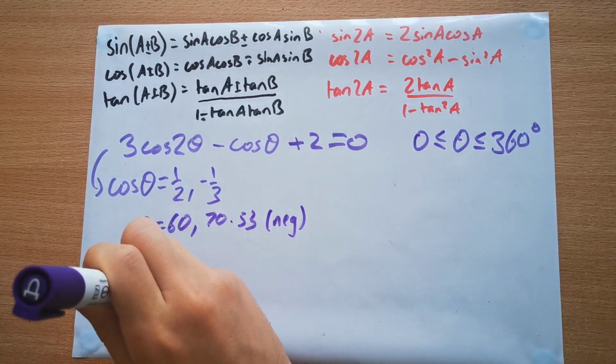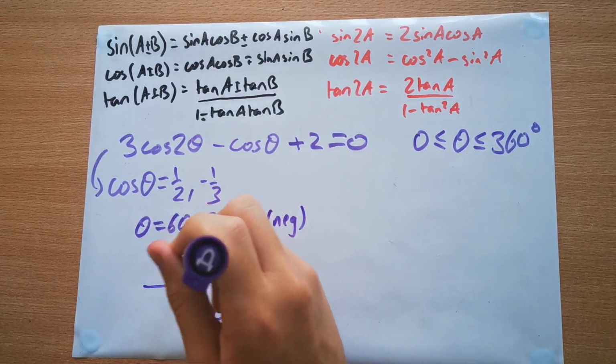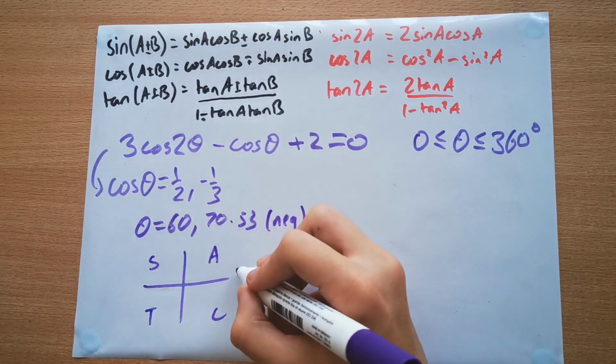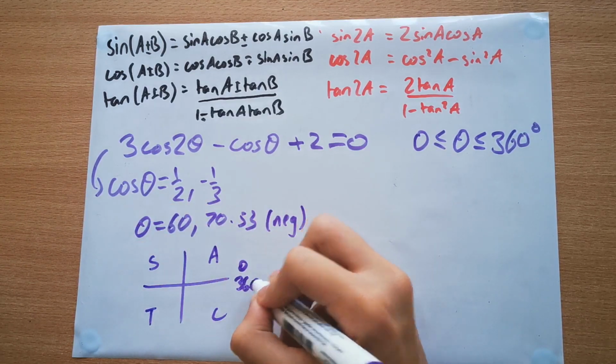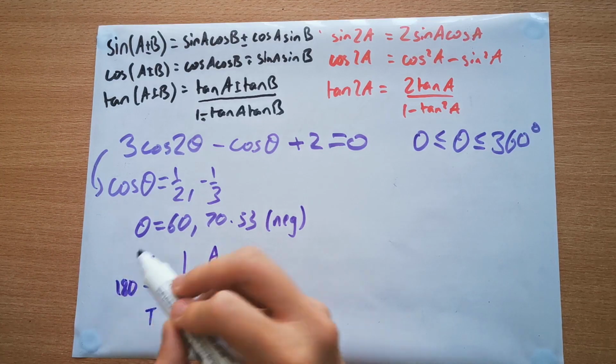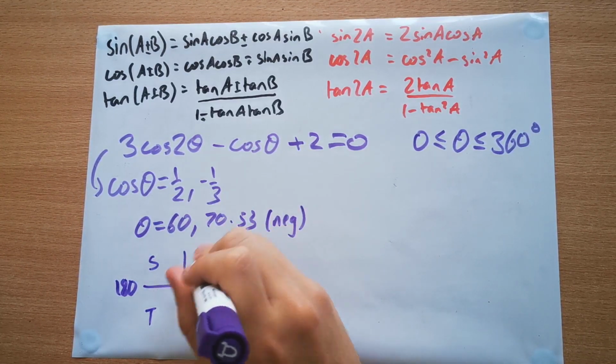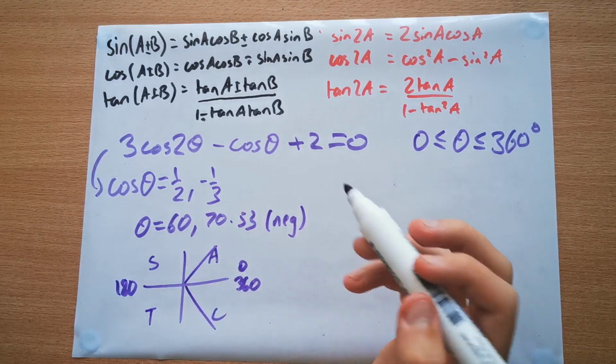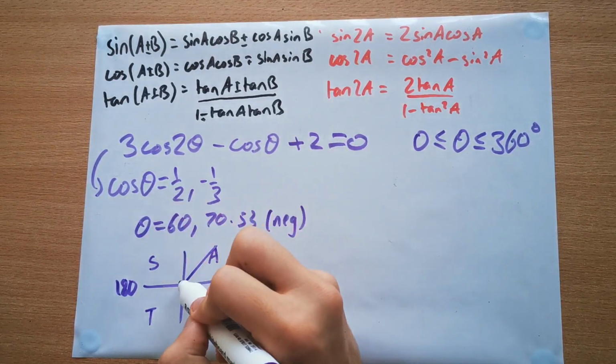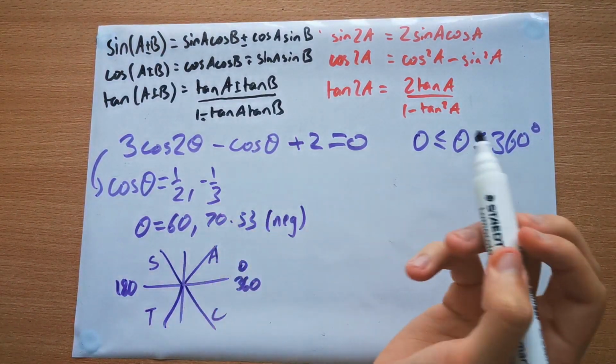So let's draw out our diagram, our favourite diagram that we use so often: 0, 90, 180, 270, 360. Let's put the 60s in first. Cos is positive, so 60 and 60. And then we have 70.53 in the negative ones, here and here.